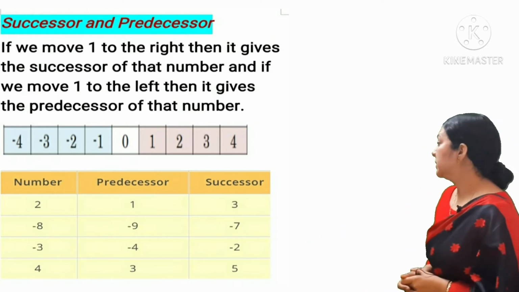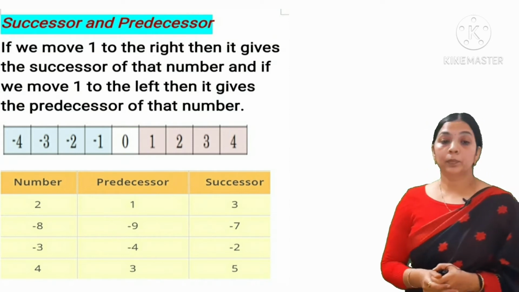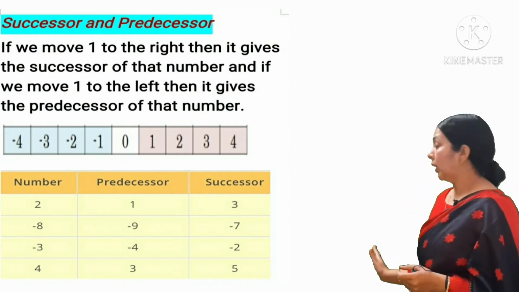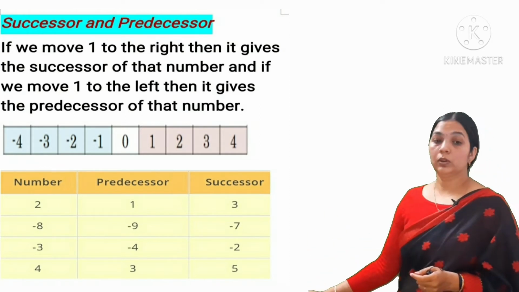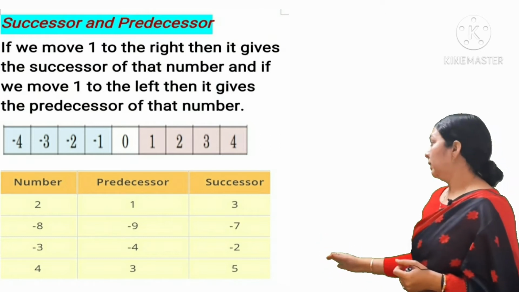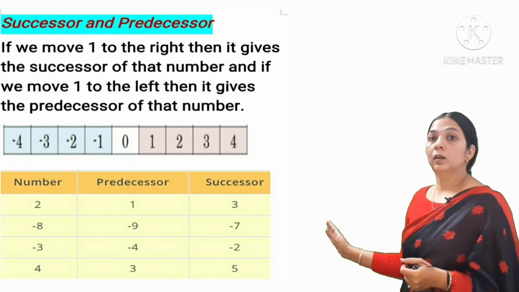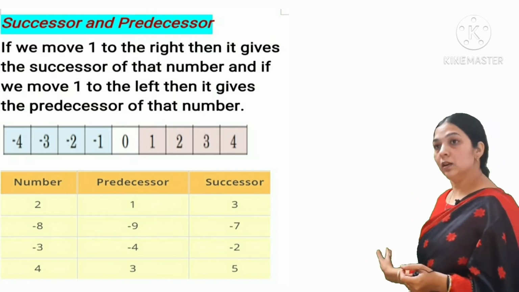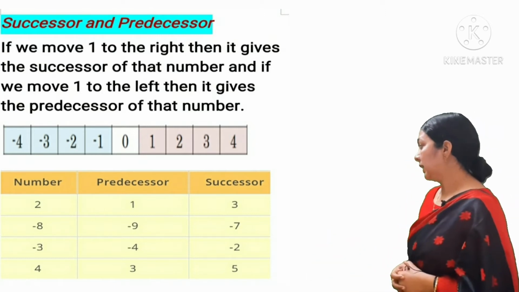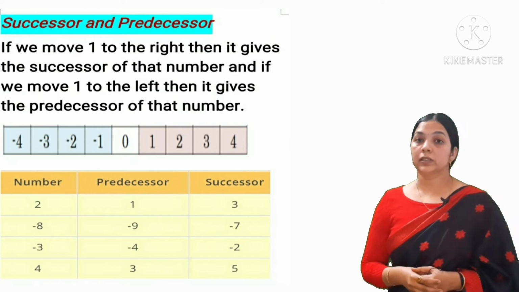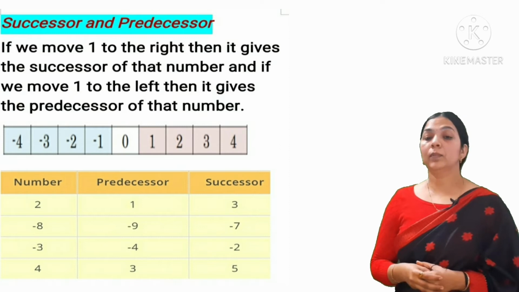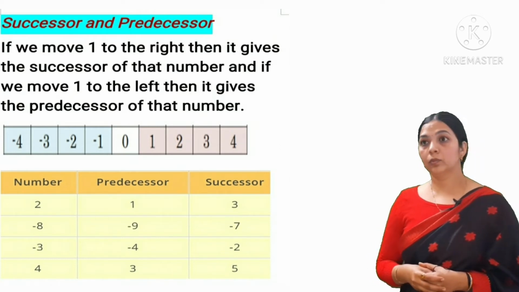For example, for the number 2, the predecessor is 1 and the successor is 3. Same with minus 8: if we add 1, it would be minus 7, that is the successor, and if we subtract 1, it would be minus 9, that would be the predecessor. Same with minus 3: minus 4 will be the predecessor and minus 2 will be the successor.